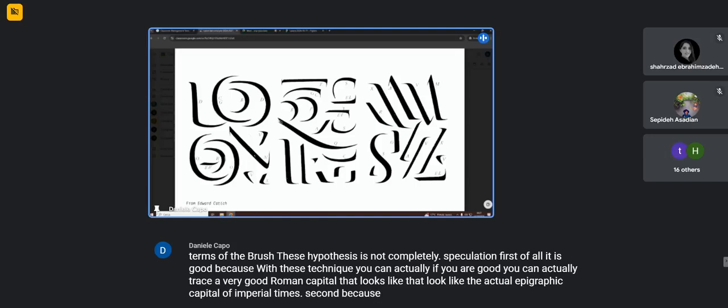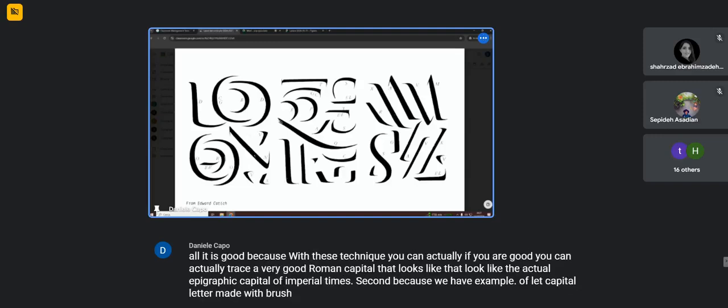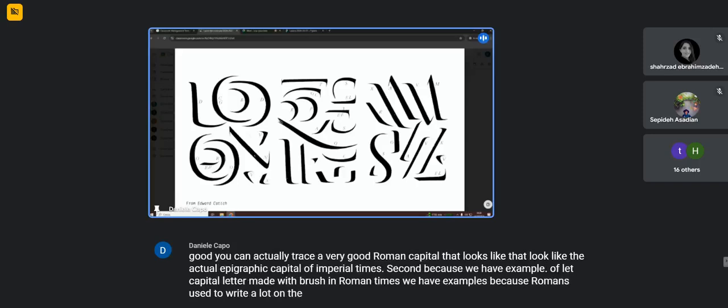Second, because we have examples of capital letters made with brush in Roman times. We have examples because Romans used to write a lot on the walls.